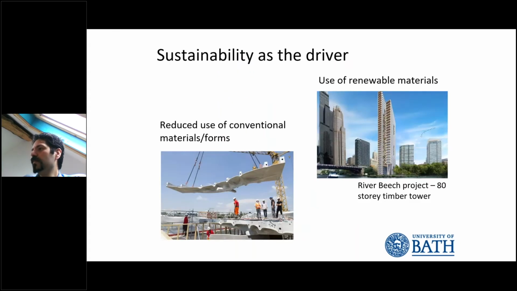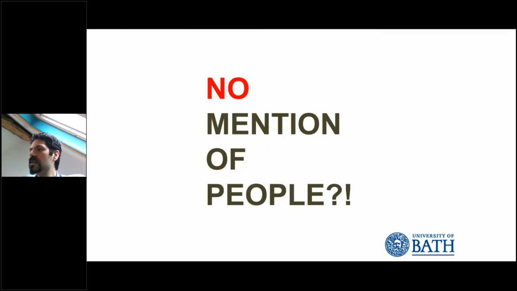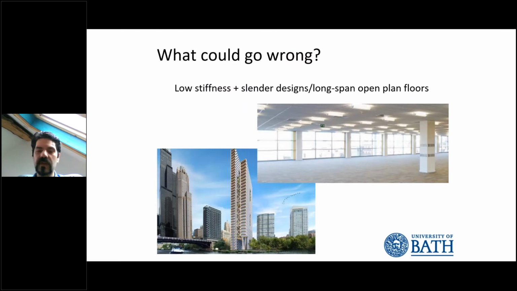But recent years have seen sustainability as the key driver in the design, mainly through reducing or completely avoiding the depletion of critical resources like energy, land, and raw materials, and also using renewable materials such as timber. But the dichotomy here is that there is no mention of people. I mean, we are designing the buildings for people, but there is no mention of people in this philosophy of design.